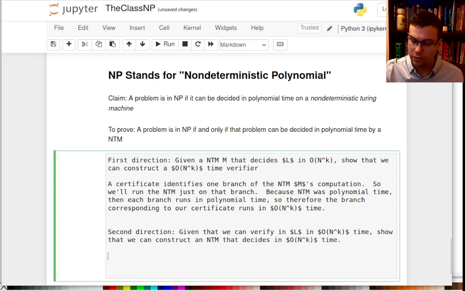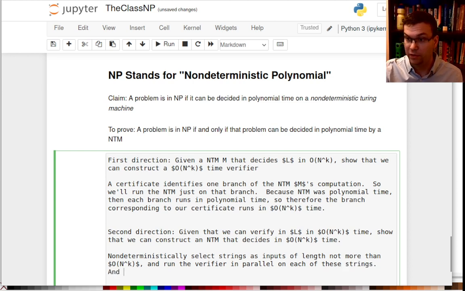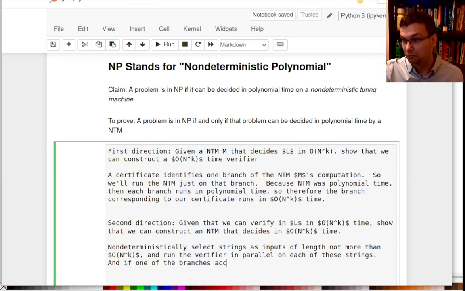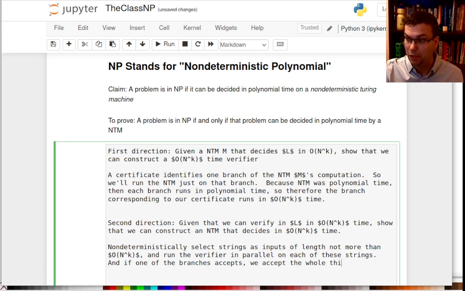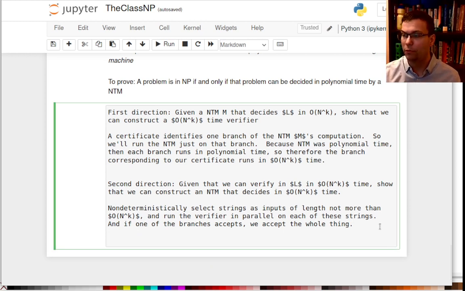Well, in this case, we just non-deterministically select strings as inputs of length no more than big O of n to the k, and run the verifier in parallel on each of these strings. And if one of the branches accepts, we accept the whole thing. And since we never selected a string that was too long, this whole thing will run in polynomial time.